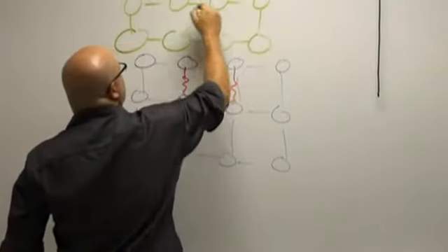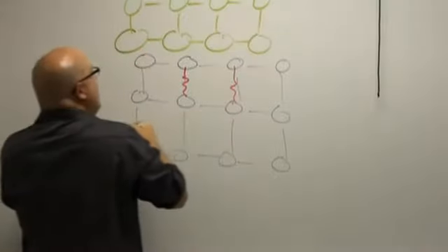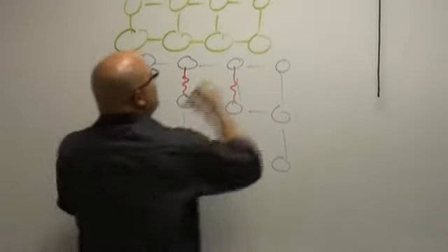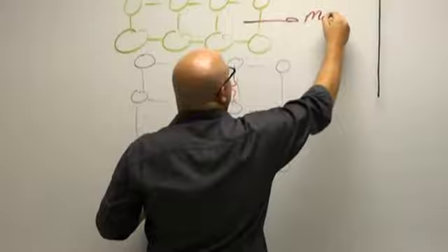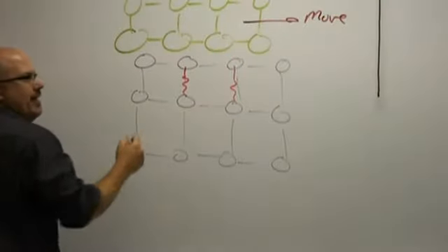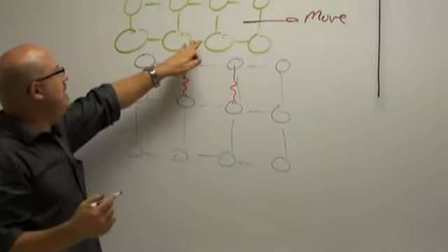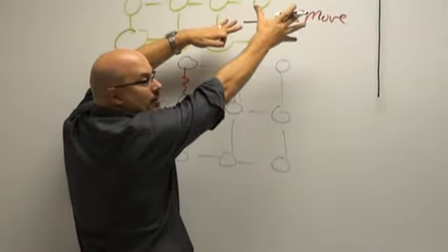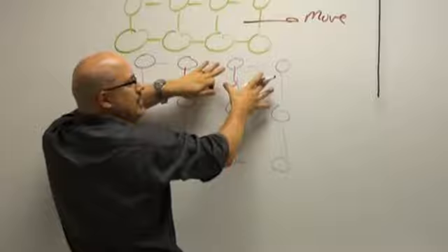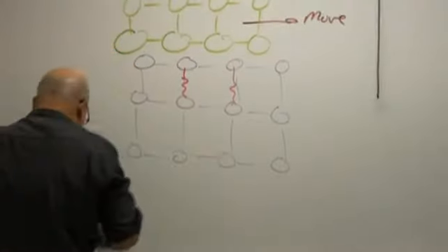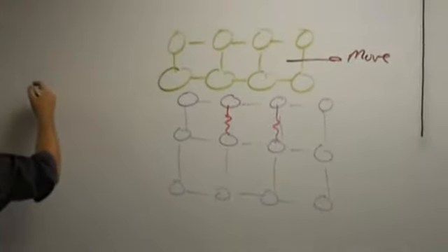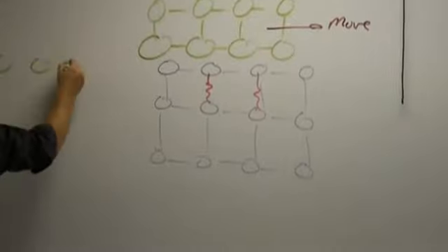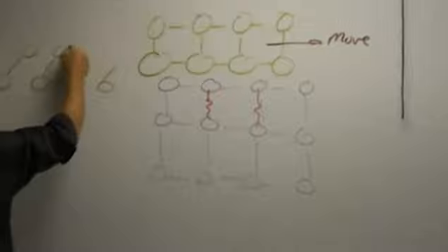If I move this one to the right, these get stretched out this way, and these get stretched out the other way. So when I move that one to the right, they will catch on each other, and this will get stretched out this way.